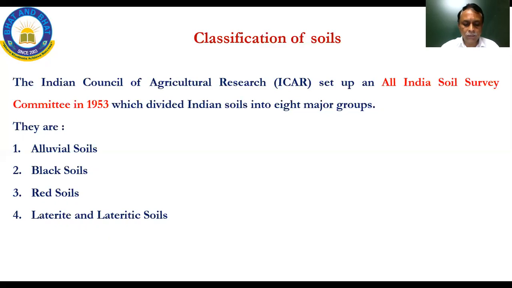The last one, peaty and marshy soil. Peaty spelling is P-E-A-T-Y. The occurrence of these last 4 types is very less, which is why that has not been perhaps included in the textbook.